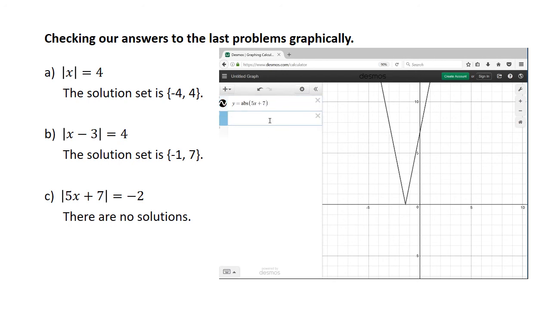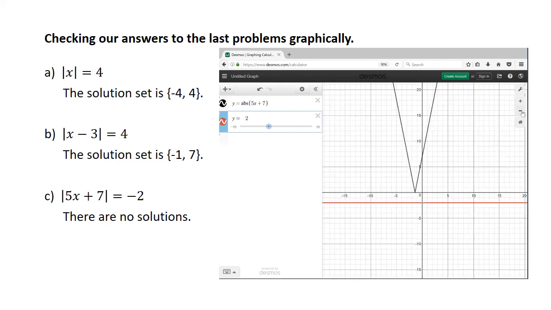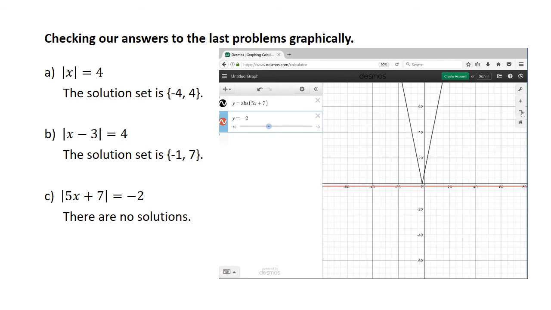I then want to also graph y equals negative 2. And when you look at where that line is, that horizontal line at y equals negative 2, it never intersects the black line. It is never going to intersect that. I can zoom out and you can see that horizontal line is totally below the v. And so therefore there is no solution because they're not intersecting.